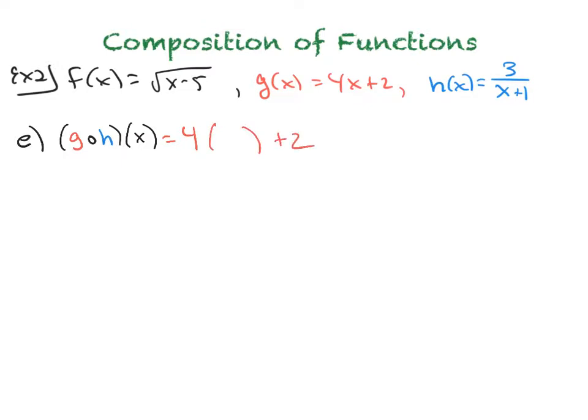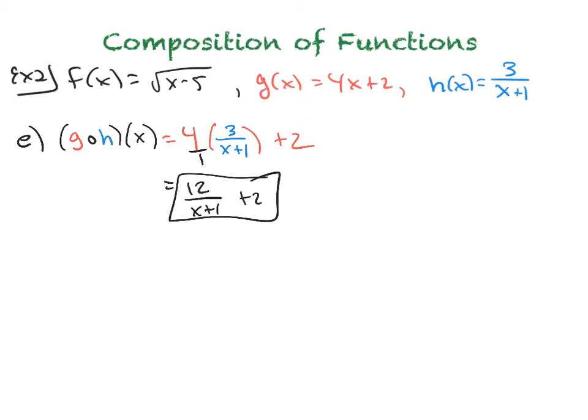And then into those parentheses, I'm going to put h, 3 over x plus 1. Not a lot of simplifying to do here, but I could change that 4 to a 4 over 1, so I can combine the 4 and the 3 over x plus 1 into 12 over x plus 1 plus 2.